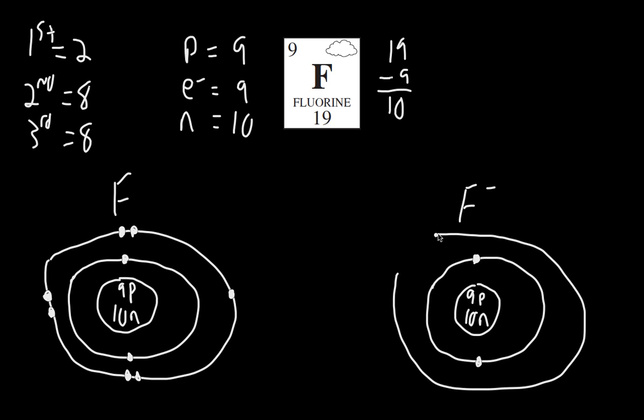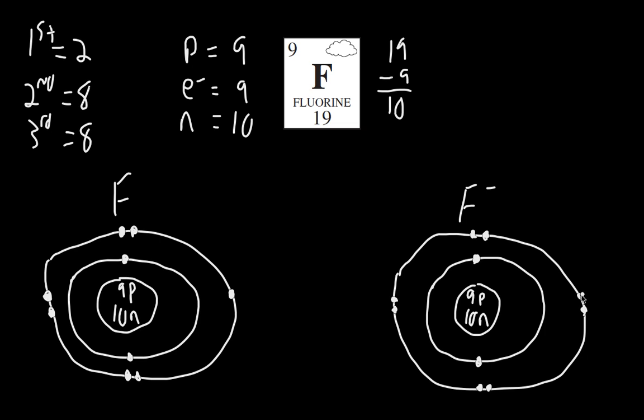Now, all ions are stable, and what that means is that their outer energy level is filled. We have 2 options for fluorine. We can get rid of 7 electrons, which would be really hard to do, or we could add 1 electron. It'd be much easier to do that. So let's add 1 electron. So instead of having 7 on the outer energy level, we end up having 8.